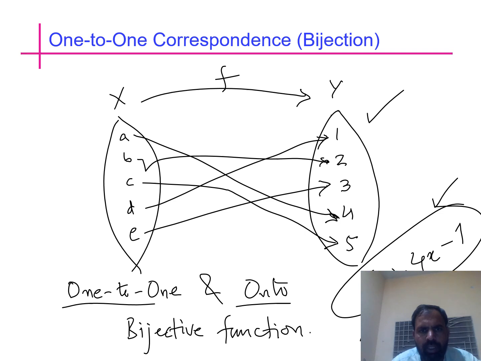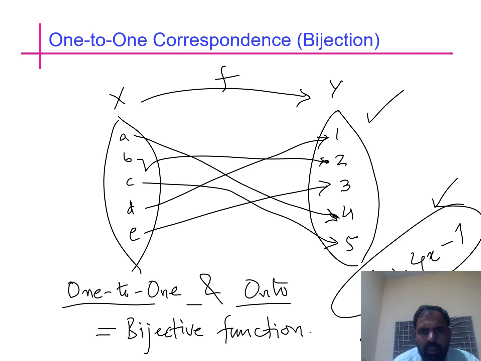This diagram shows a bijective function. We can show it by this example: a with 5, b belongs to 2, c belongs to c. These are the domain and these are the codomain. These are the range. If the codomain becomes the range and the number of elements in the domain equals the number of elements in the range, you can see that the function is bijective. Here I wrote that one-to-one and onto equals bijective.